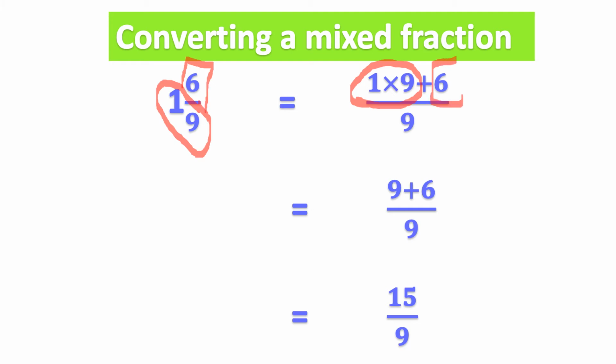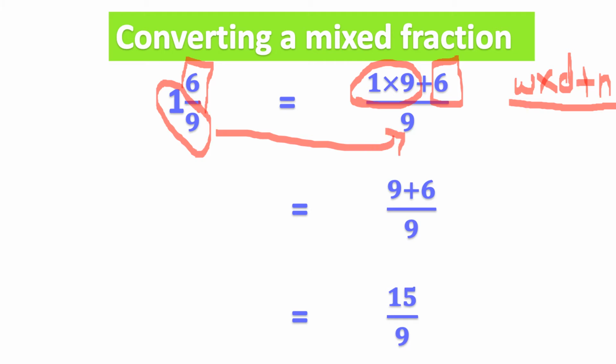So I have added that 6, right? So first I multiplied the whole number and the denominator and then I added the numerator. And the denominator is the same denominator, 9 itself, right? So 9 repeats.